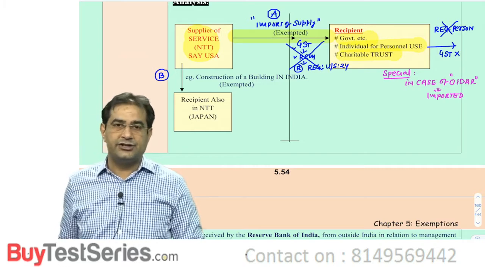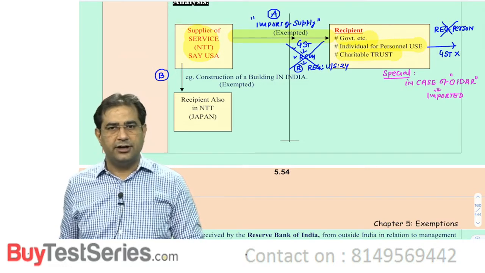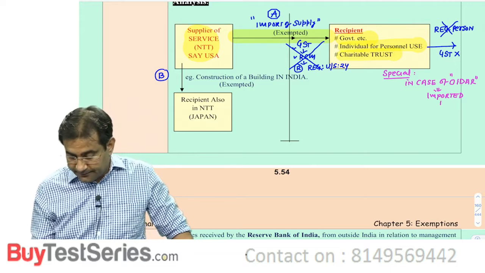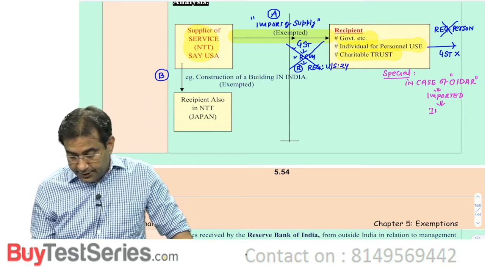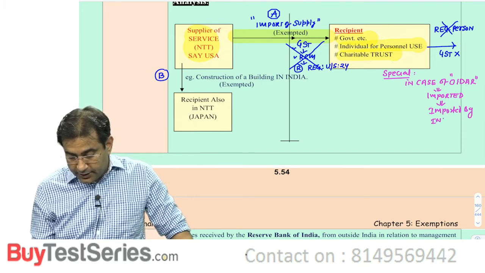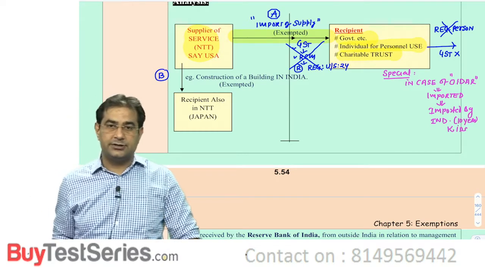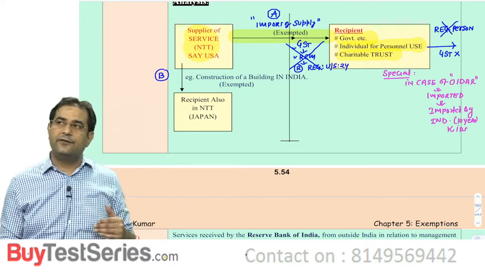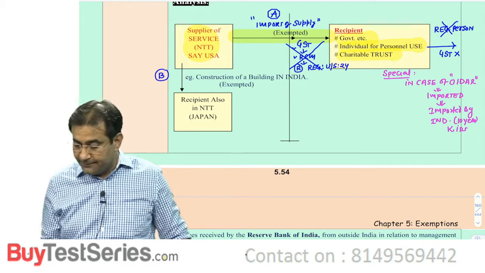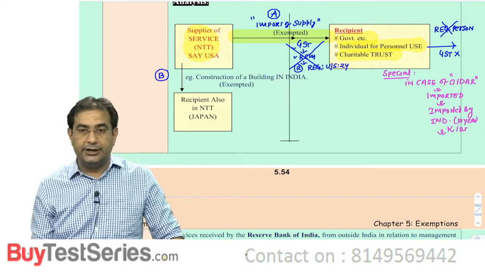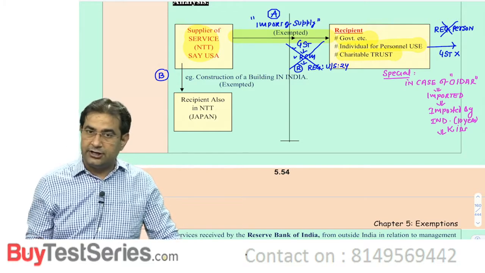It was the deliberation of the government that at any cost it would be liable to GST. So even if it is imported by an individual, suppose a 10-year-old kid for personal use, like taking services of Netflix, or Zapak.com, online gaming, etc., the government deliberately imposed GST on such activity.